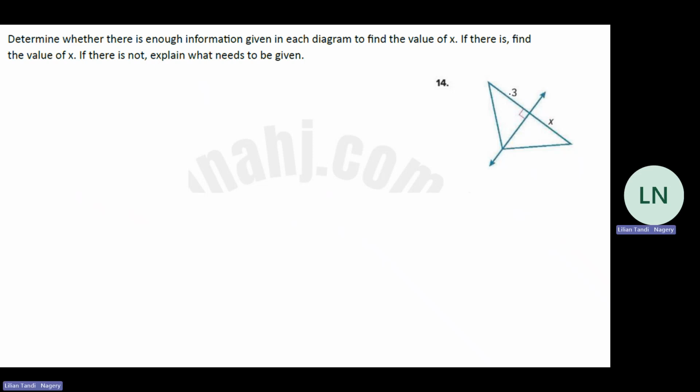Oh yeah, they didn't tell me this is equal to that. Okay, so I don't have enough information. So let's say this is A, this is B, this is C, this is D. So do you determine whether you have enough information?